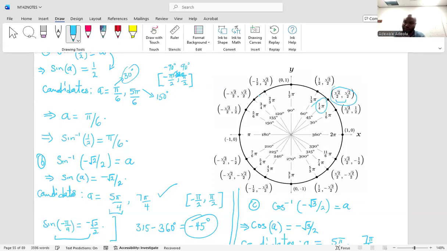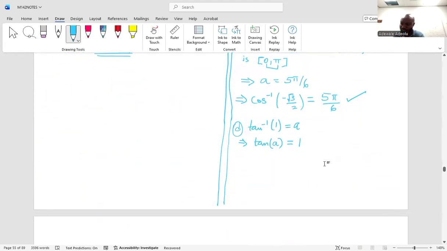So that is pi over 4. The same thing, if we do it here, negative, we cancel negative out and we have positive 1. Again, 5 pi over 4. So our candidates for the angle A will be pi over 4 and 5 pi over 4.